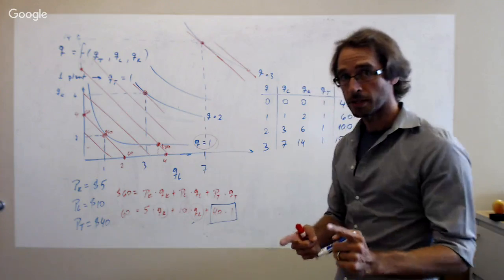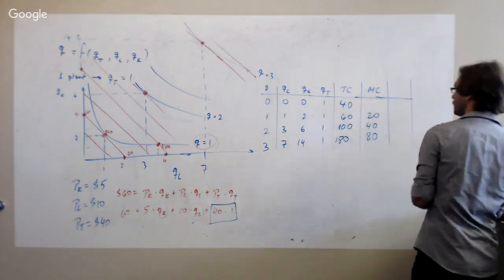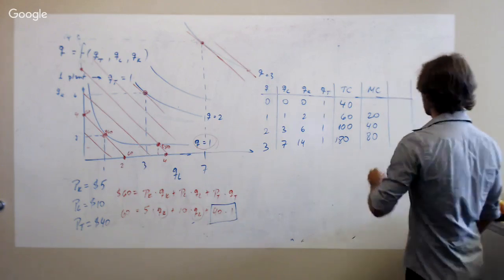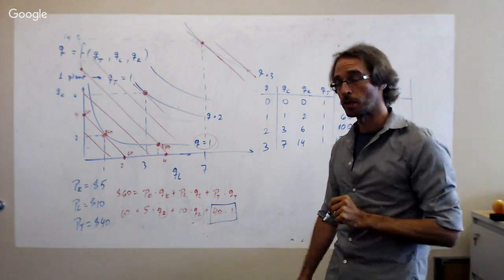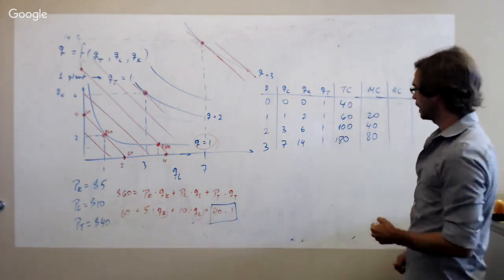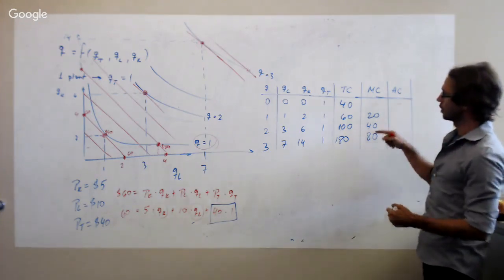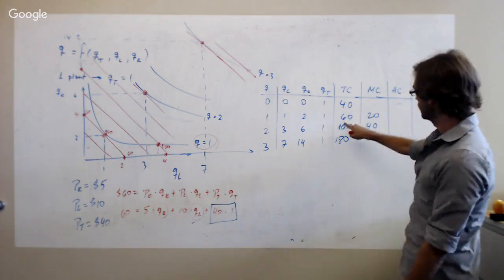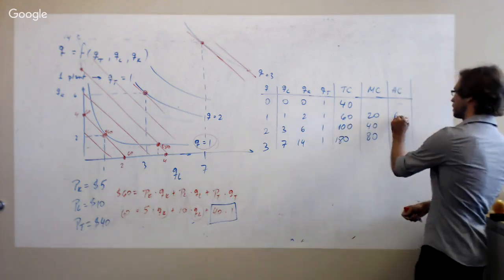And then the other cost curve that we're interested in is the average cost, because it's going to be helpful. What is the average cost of producing washing machines? Well, you can't average over zero, so there's no such thing as the average cost of producing zero. But the average cost, or the average total cost, I think we called it, of producing one washing machine is $60 because you're only producing one.